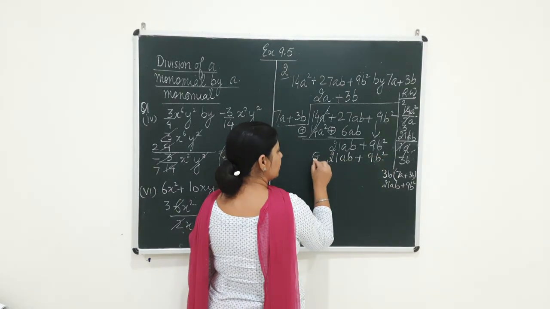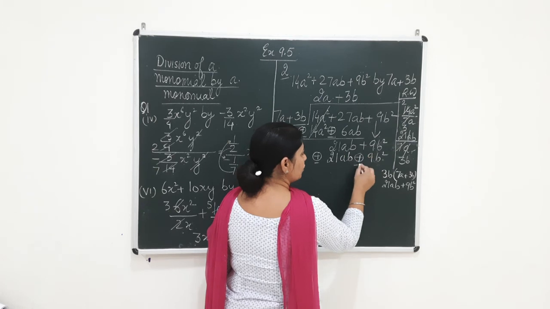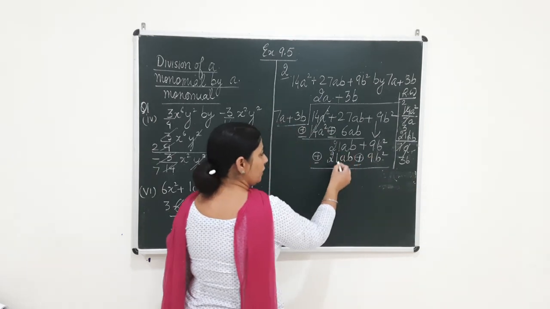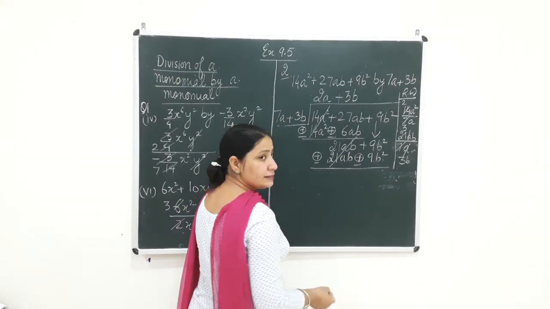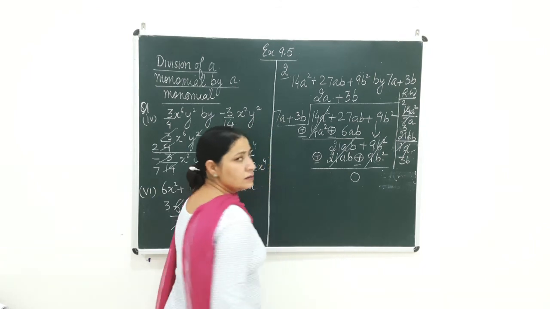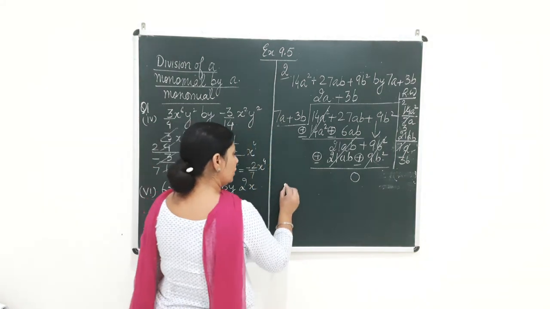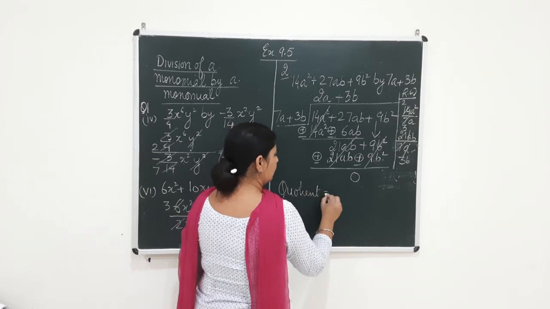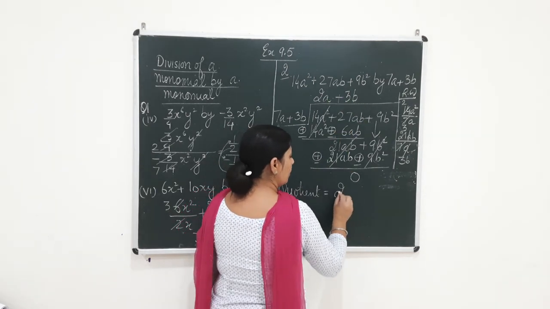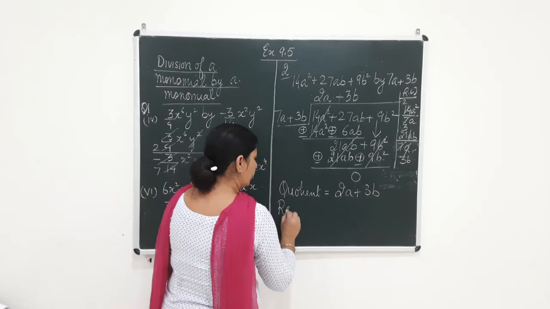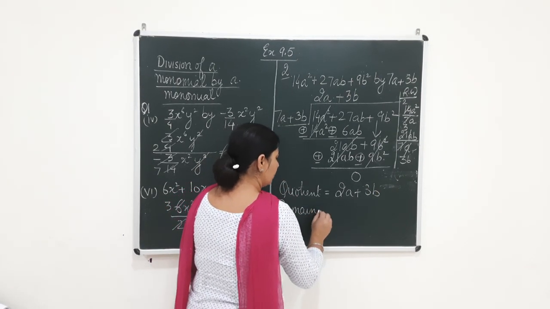Now beta, you will change the signs. Plus will be changed to minus. So what do you find here? 21ab minus 21ab gets cancelled. 9b square and 9b square also get cancelled and your remainder is 0. So what is your quotient, beta? Your quotient in this case is equal to 2a plus 3b, right? And the remainder that you are getting here is equal to 0.